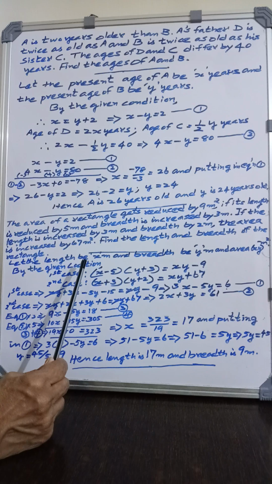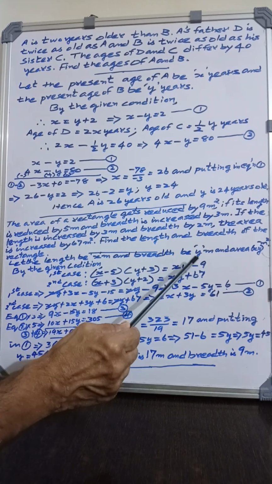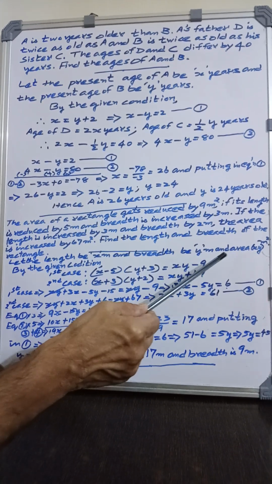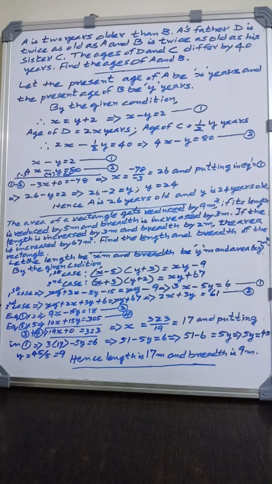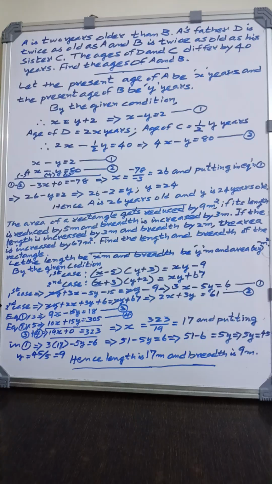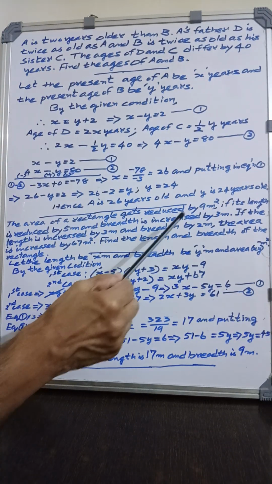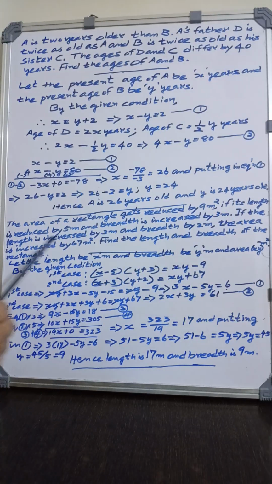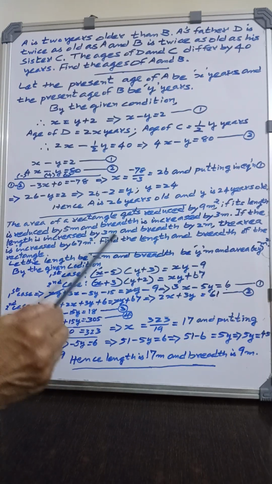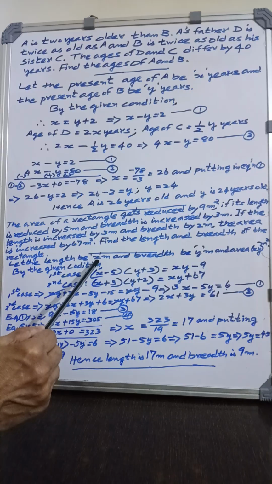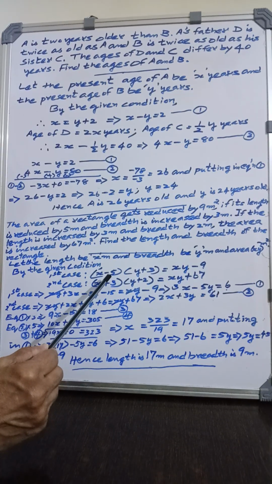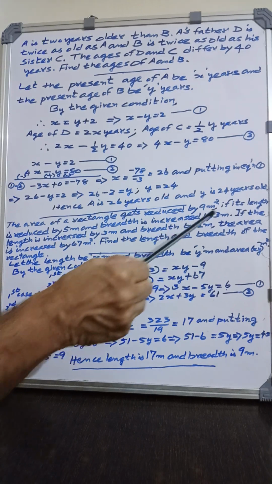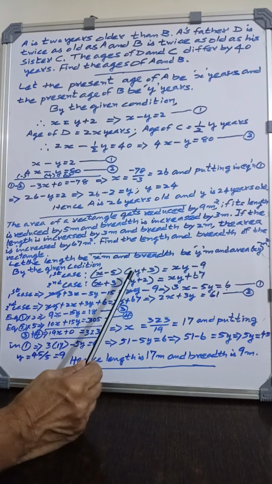Let the length be x meters and breadth be y meters, and area can be defined as xy meters squared. By the given condition, first case: if its length is reduced by 5 meters, we already defined length to be x meters, so x minus 5, and breadth is increased by 3 meters, that means y plus 3.